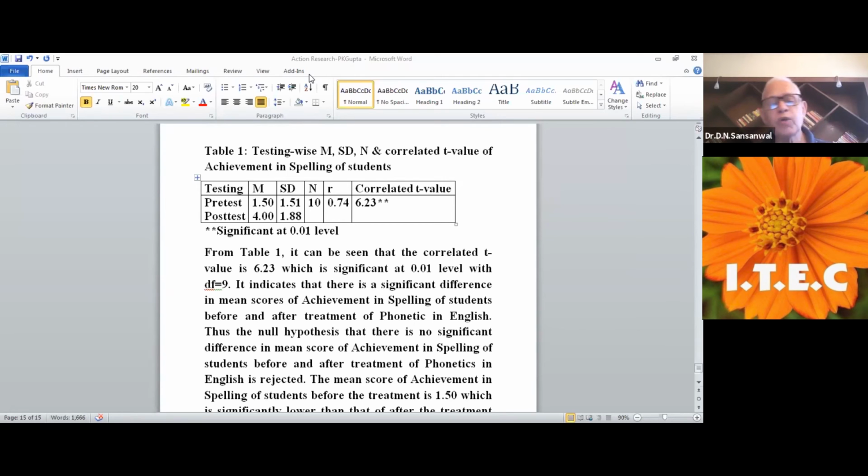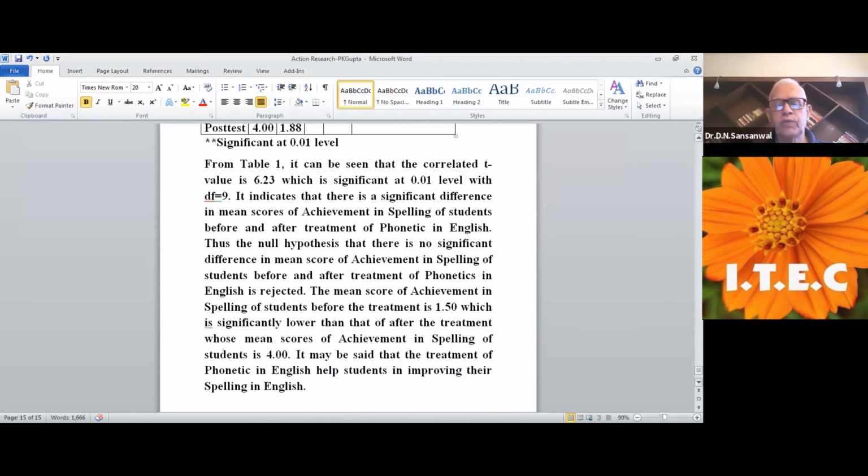Dr. P.K. Gupta is the right person. Please ask him. Yes, Thakur, we can write the mean now. So this is how you can do.